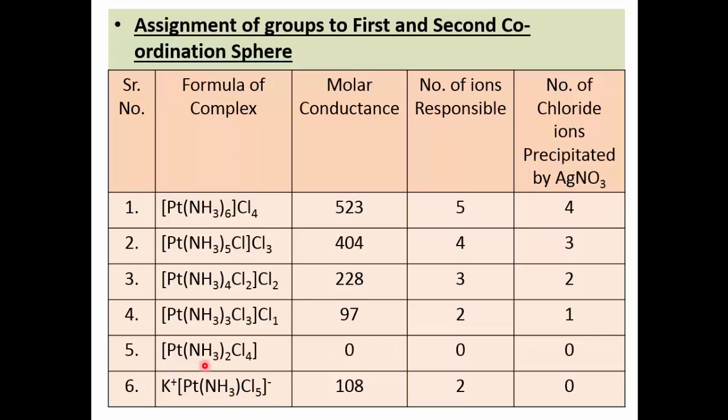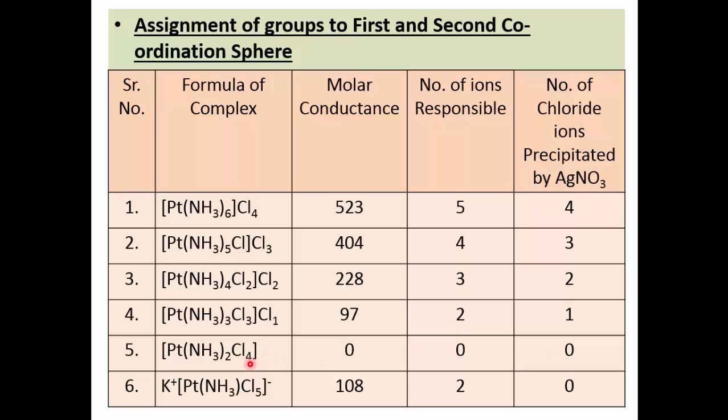Then say next one. This is [Pt(NH3)2Cl4]. In this compound, all chloride ions jump inside the square bracket and lose their ionizable property, and hence they are not precipitated by AgNO3. So see here, this is 0 because no ionizable chloride ions are present, no primary valency, no ions in the second coordination sphere.